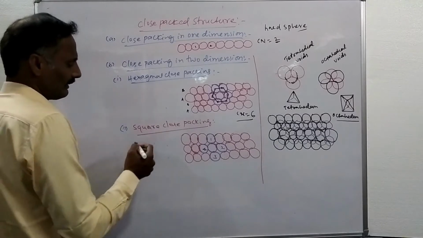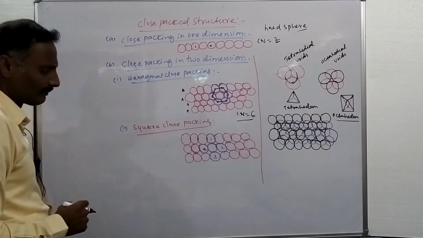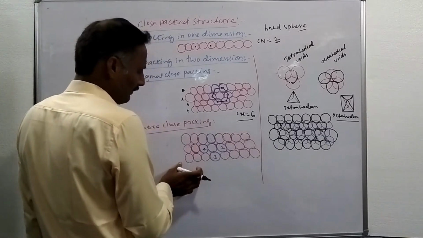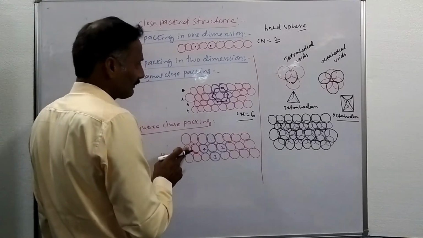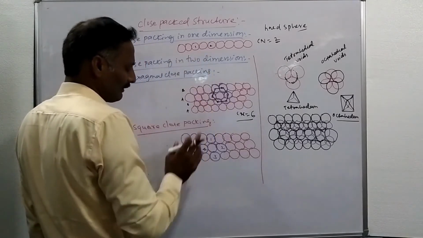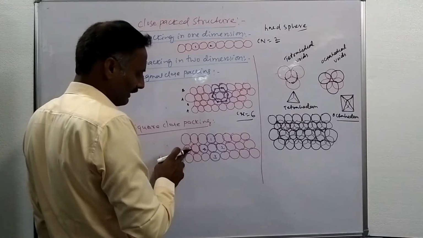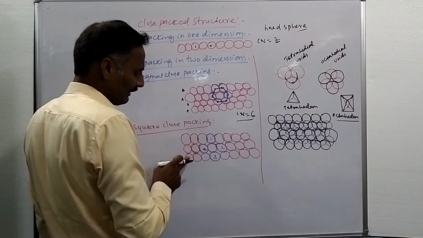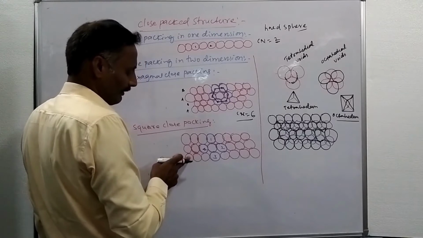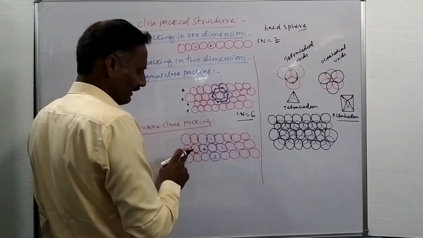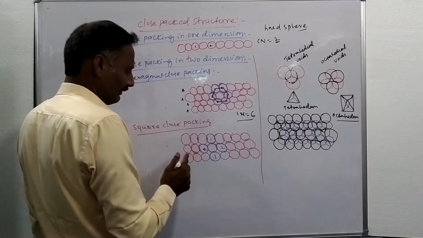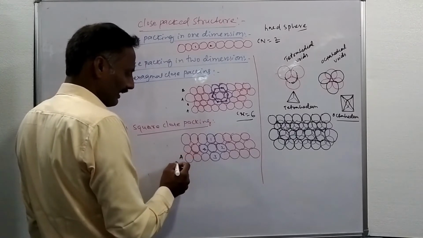Then what about square closed packing? In square closed packing, this is a 1-dimensional closed packing, and the particles of the second layer are placed exactly on the first layer, aligned vertically as well as horizontally. This is called A type.